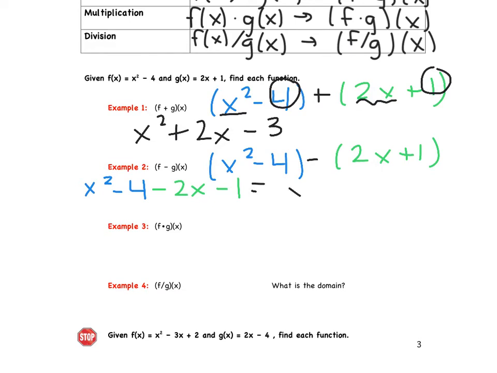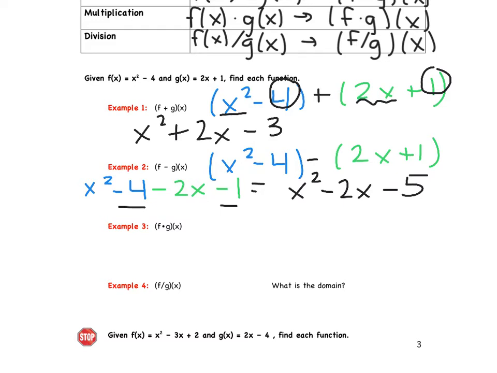I only have one term to the second power, that's x squared. I only have one x term to the first power, that is 2x. Notice that's a minus 2x. I now will combine my constants, minus 4 and minus 1, to get minus 5. So my answer there is x squared minus 2x minus 5.